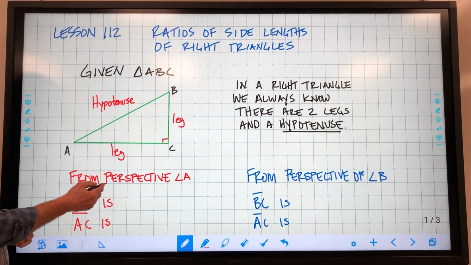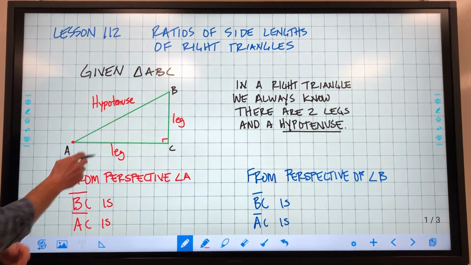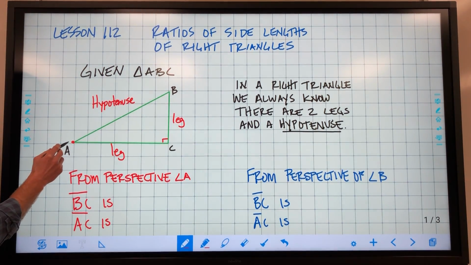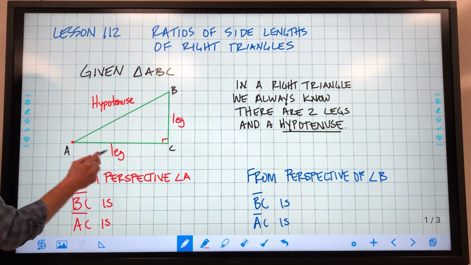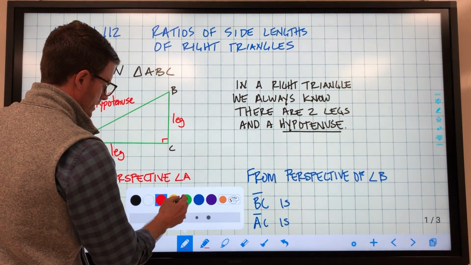So if I am standing at angle A, we're gonna have a couple new names here. So we have the hypotenuse, but then the leg that is next to me is going to be the adjacent leg.